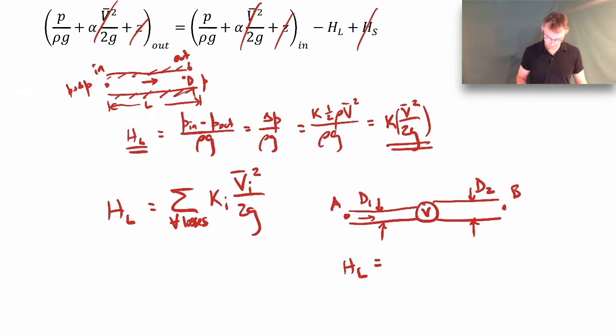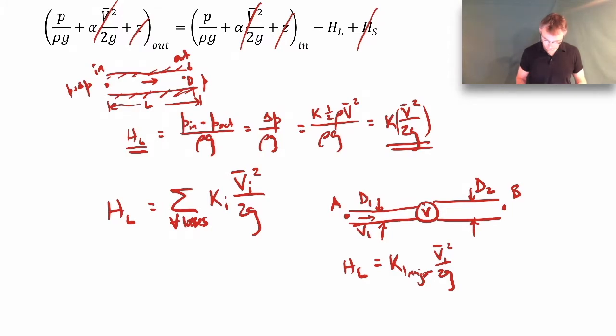That's a major loss, so I'll call that K1 major, times the velocity head where that occurs. I'll call the velocity in that pipe V1 bar, so that'll be times V1 bar squared all over 2G. I have another major loss.